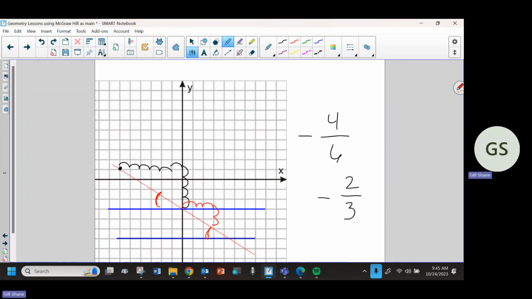Oh, by the way, the only way two things can be parallel is if they have the same slope. If they had a different slope, then eventually they would meet because they'd be a different steepness, right? Something that has a slope that is not the same as this would eventually get closer and closer to that line in one direction. So you need to make that note: in order for lines to be parallel, they have to have the same slope.